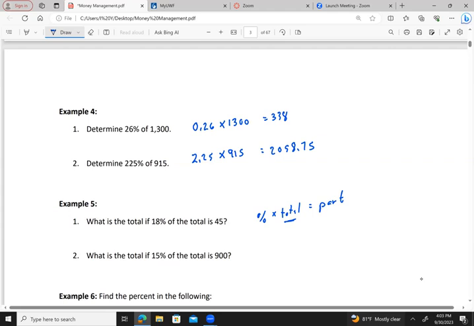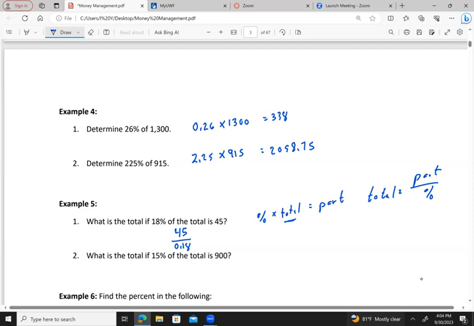So doing the little algebra here, the total is equal to the part divided by the percent in decimal form. So 18% is 0.18. So I have 45 divided by 0.18 to get the total.